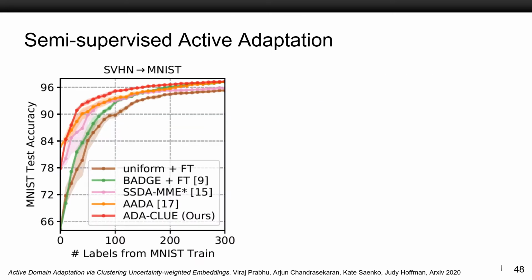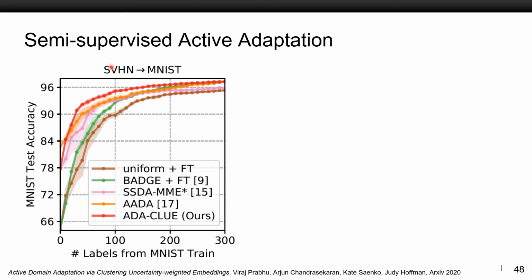So here's one plot of results where we compare our technique, which is this red line, as a function of the number of labels obtained from the user. So between 0 labels, which is just using unlabeled data alone, and up to 300 labels from the MNIST dataset.